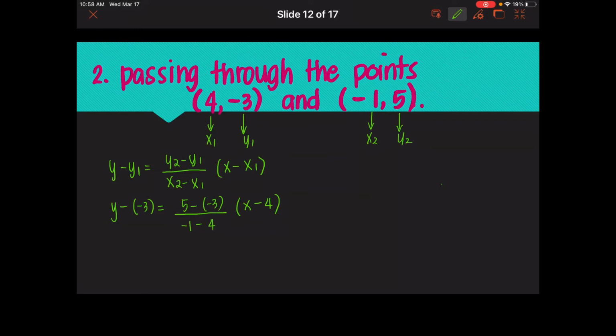Then we'll just simplify first. So this will become y plus 3 equals 5 minus negative 3 will become 5 plus 3. 5 plus 3 is 8. This will become negative 5, x minus 4. So from here we can multiply both sides by negative 5.